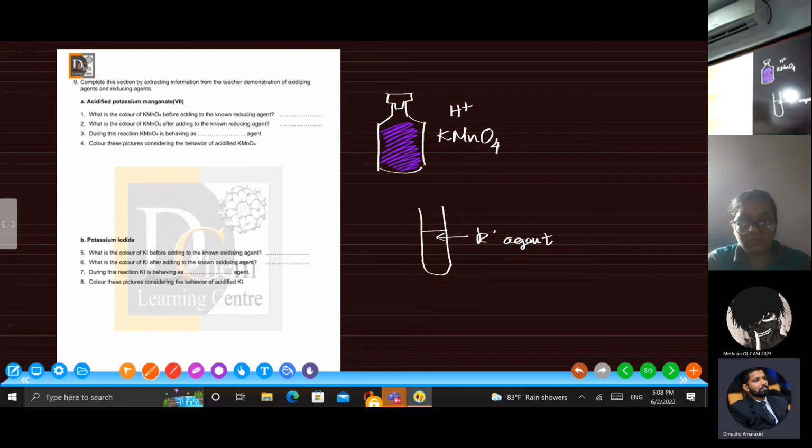Right. The next one, C. Solution C, look. What happens? Actually, the color is slightly different, but the violet color no longer remains. So is it a reducing agent? Yes. It reacts with KMnO4. Right? Okay. Let's try this one too.